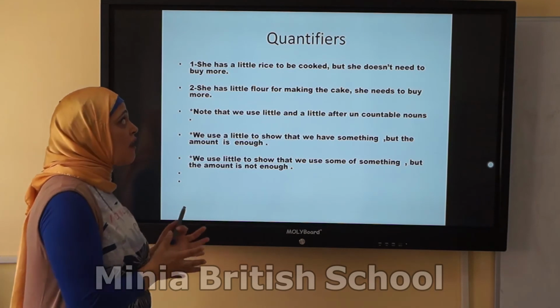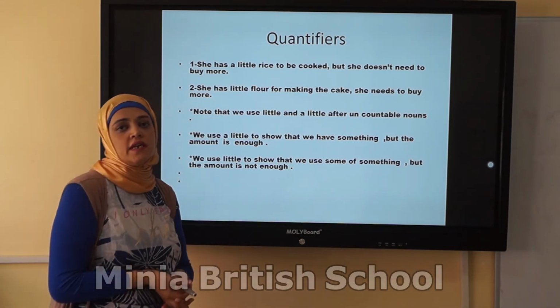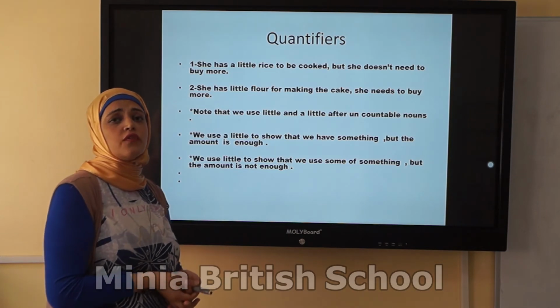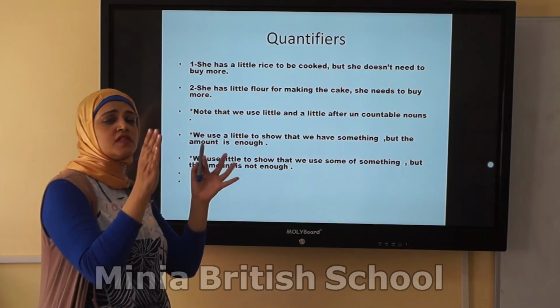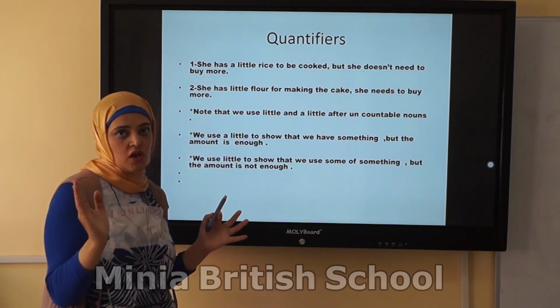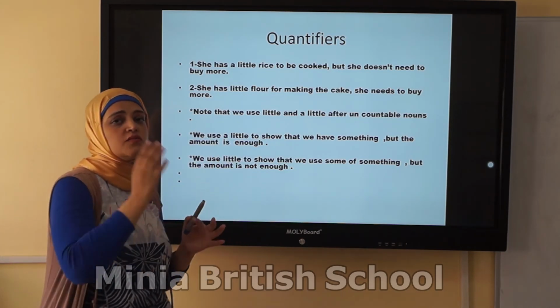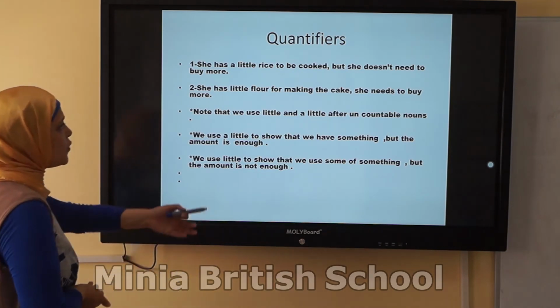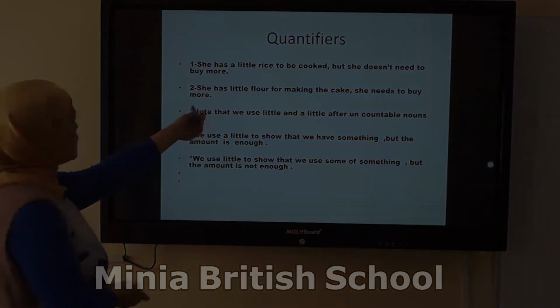The same applies to uncountable nouns. Which quantifiers can we use to refer to an amount of something that is not much, sometimes enough, and other times not enough? That's what we will learn now.